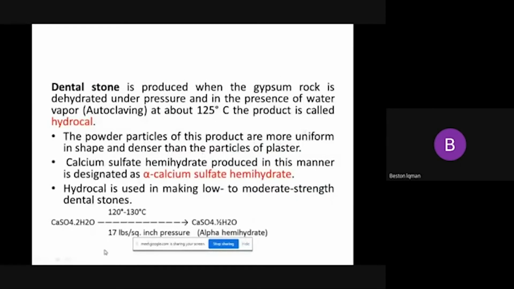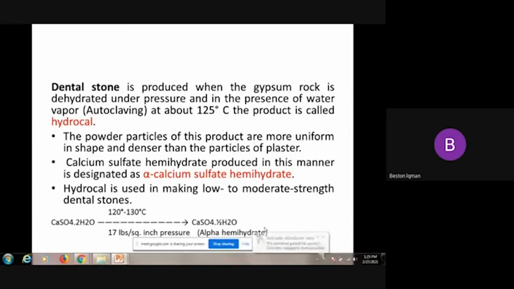It is the same material, but under pressure, by the process of hydrocal, which will produce alpha hemihydrate. Dental plaster is beta hemihydrate, while dental stone is alpha hemihydrate. It is produced by the process of pressure. Autoclaving is about 1 to 5 degrees.